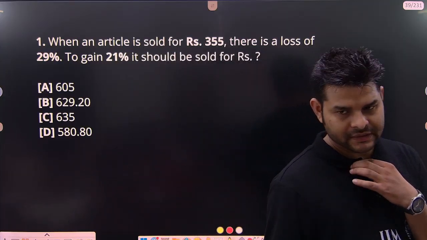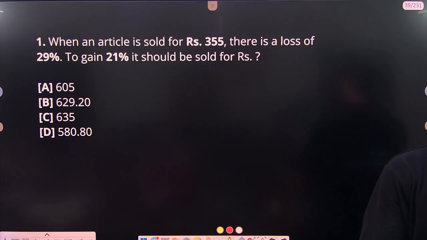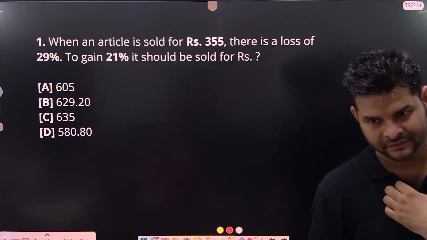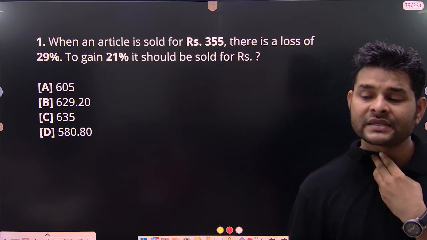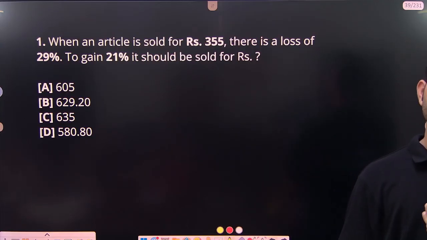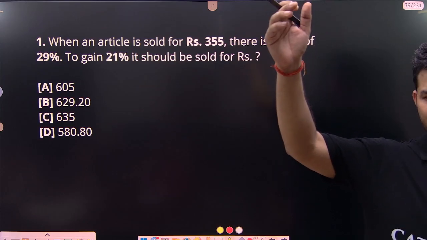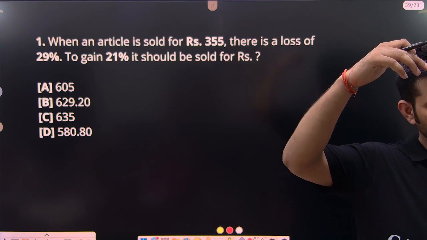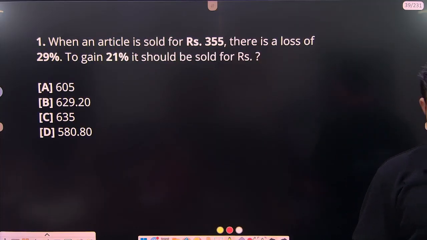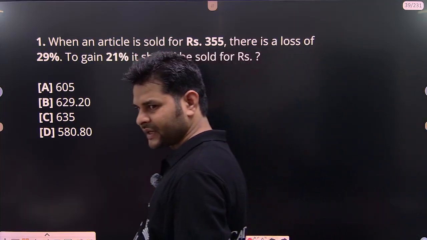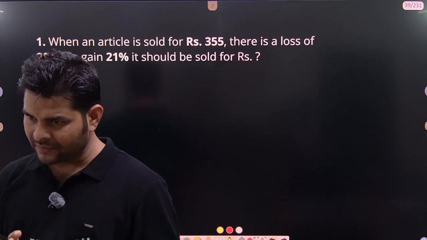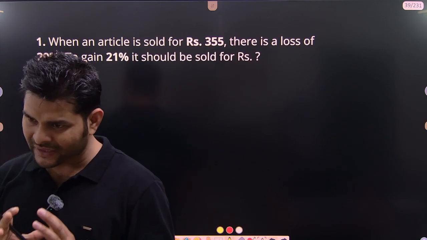There are two conditions. The first is I have already sold this item. And the second condition, I wanted to sell at some other price, but I sold at some other price. This is the condition. So basically, if I have one item, there must be a cost price of that item.